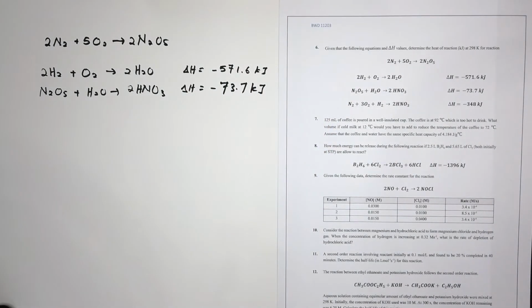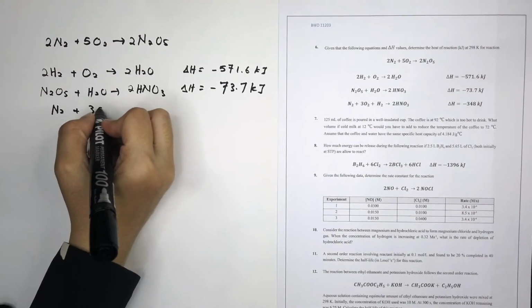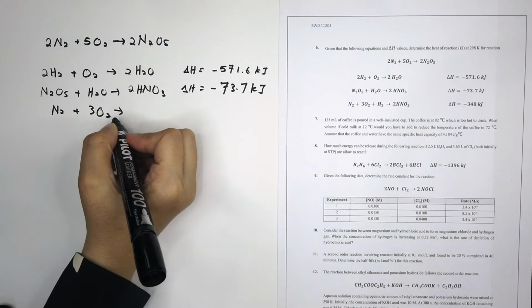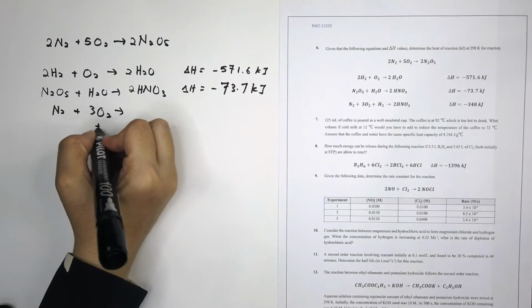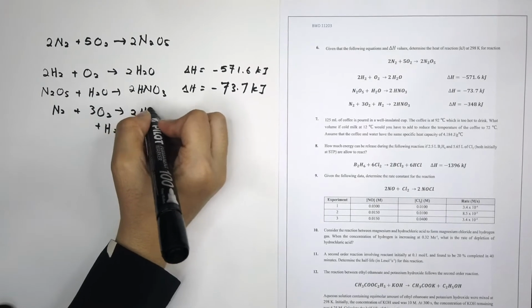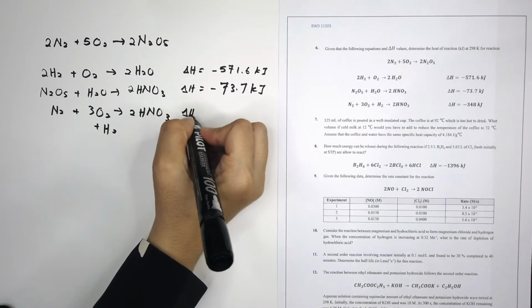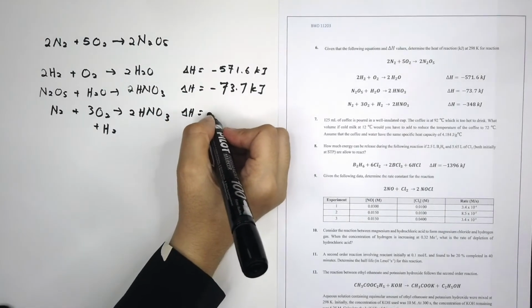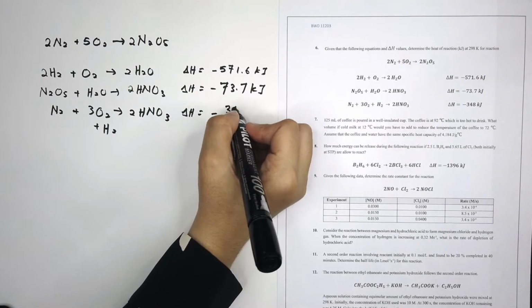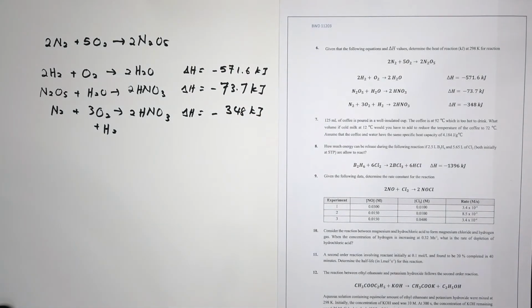And the last one is N2 plus 3O2 plus H2 will produce 2HNO3, delta H equivalent to negative 348 kilojoule, right?